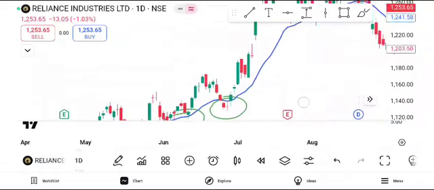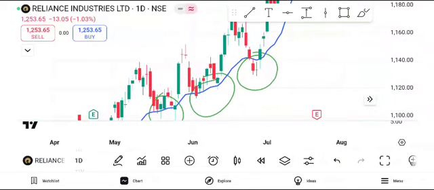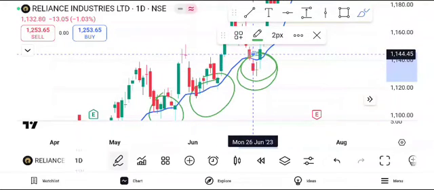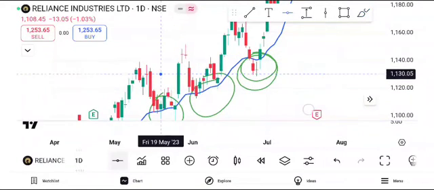Here we have to be a little cautious. See, this red candle closes below, which means the trend changes. This is the confirmation red candle.